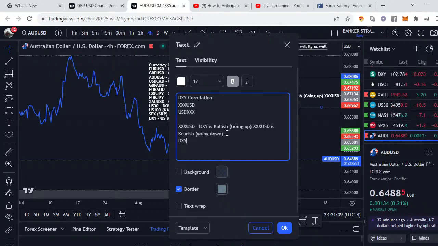If the DXY is bearish, then XXX USD is going bullish, going up.